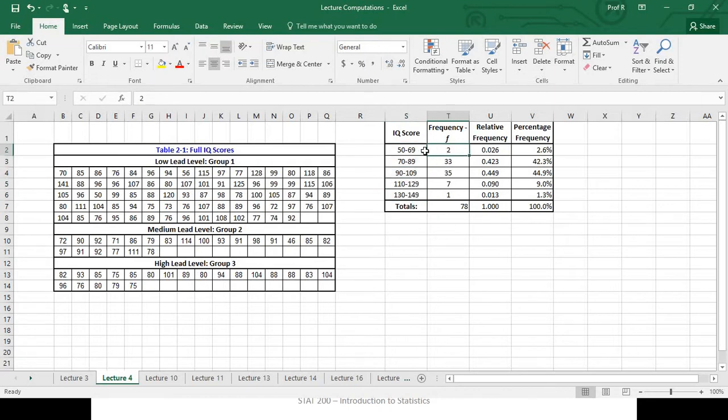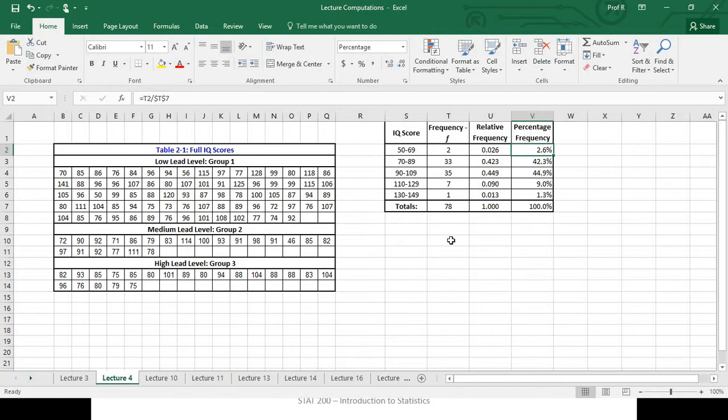We then counted the number of children that fall into each category to get these values. Let me center this one. We computed the relative frequency by dividing this value by this value to get that. And then if we multiply this value by 100%, we get this. So that's the percentage frequency. This is what we did last time.